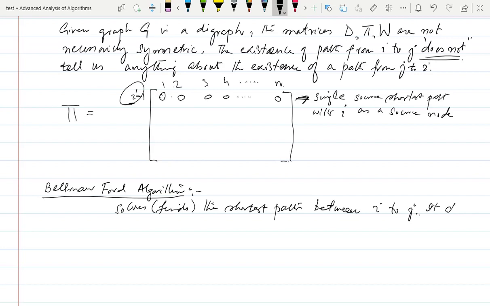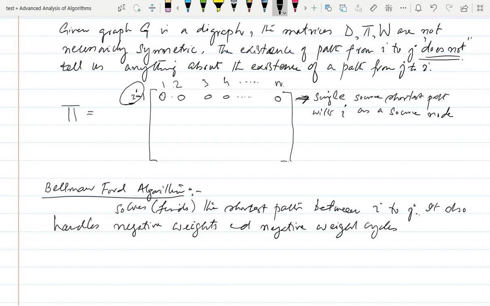It also handles negative weights and negative weight cycles. So in this case, what I can do is I can apply Bellman-Ford for this first row, using ith node as my source and find the shortest path between first node 1 and all the subsequent nodes. So in this case, this problem will be solved for me.